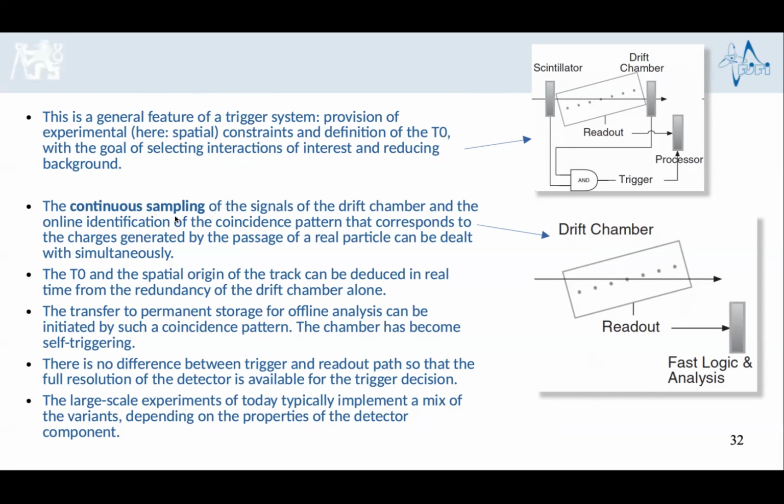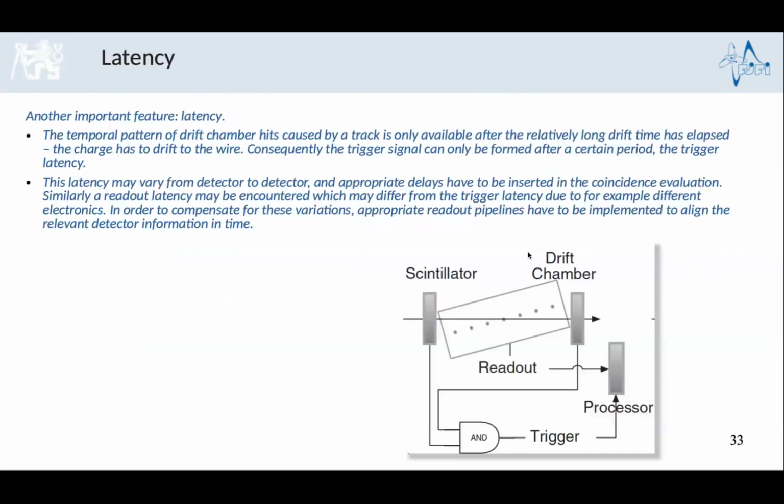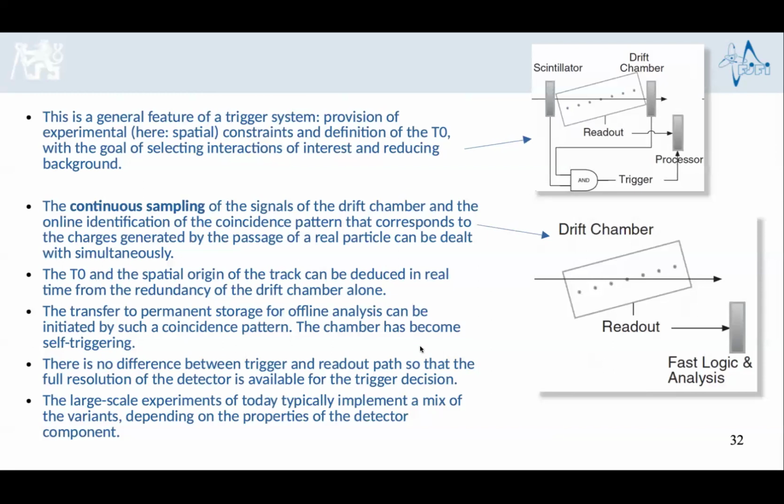The other scheme, the third one that we have here, is called the continuous sampling of a signal. In this scheme, the detector has to be constantly sampled, and the logic connected to this detector has to recognize patterns and reconstruct the passage of a real particle and deal with the trigger simultaneously.